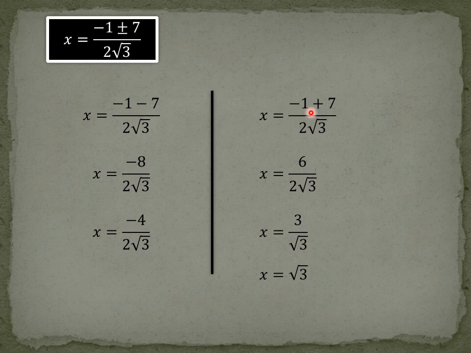Now to this side, I have taken the positive sign, minus 1 plus 7 over 2 under root 3. So adding these two, we will get 6. Cancelling 2 with 6, we will get 3 over under root 3, and you all know that whenever we have the fraction in this form, the answer is under root 3. So the final answer should be written in the form of a solution set. We are having two answers.